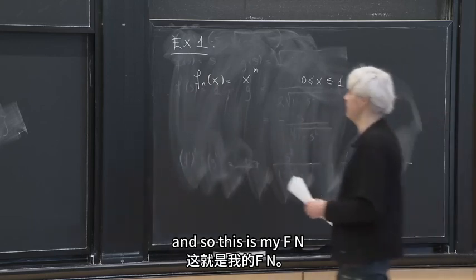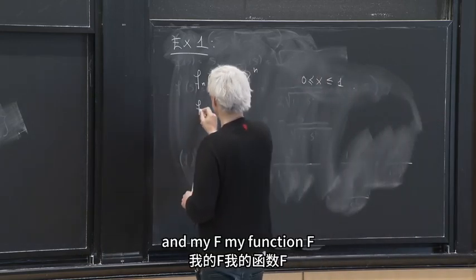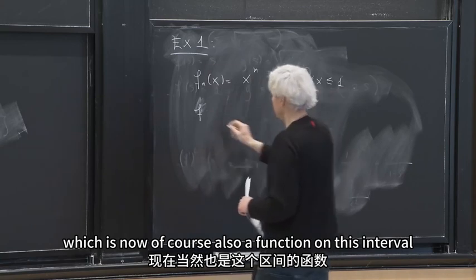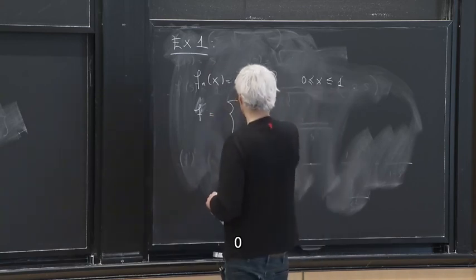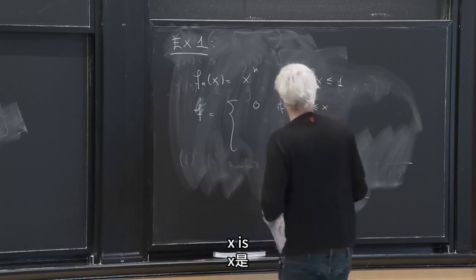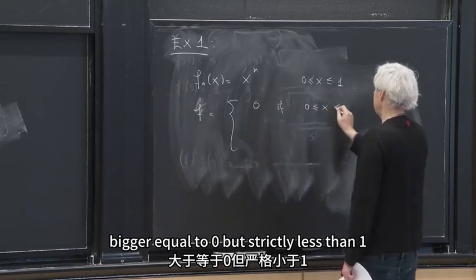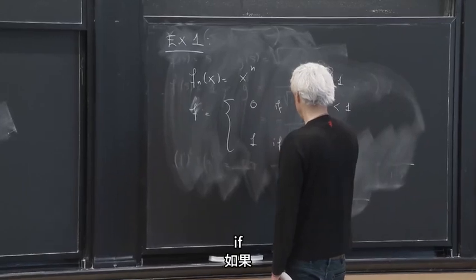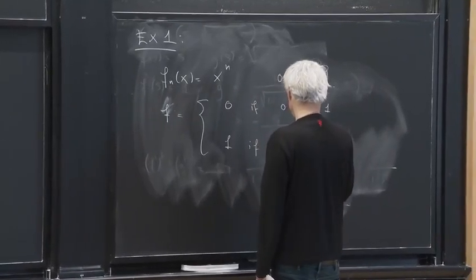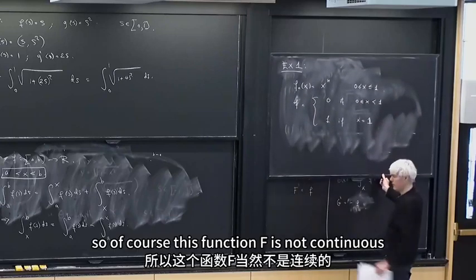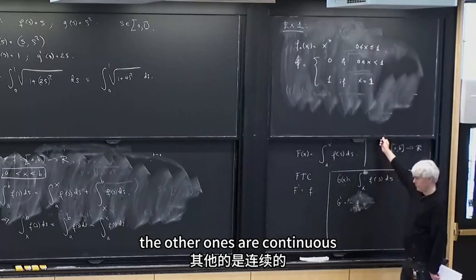And my function f, which is now of course also a function on this interval, is equal to 0 if x is bigger or equal to 0 but strictly less than 1, and is 1 if x is equal to 1. Okay? So, of course, this function f is not continuous, the other ones are continuous.